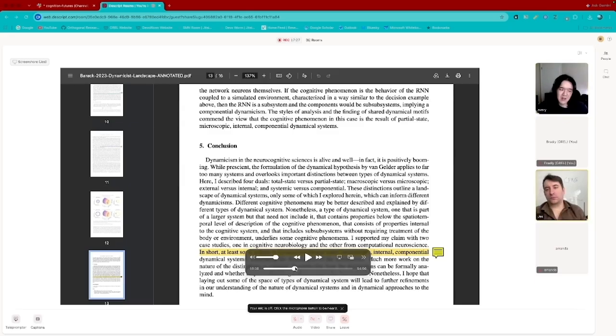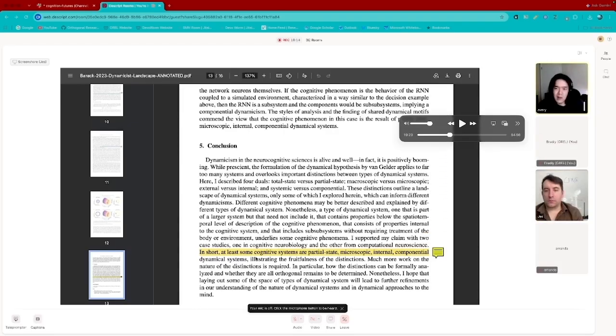They talk about actually this Van Gelder paper from the 1990s, which was the first formal paper on this dynamical systems hypothesis. And the Van Gelder paper, of course, doesn't really get into the distinctions that we have today because people have applied dynamical systems in a lot of diverse ways. But in this paper, they try to address these things.